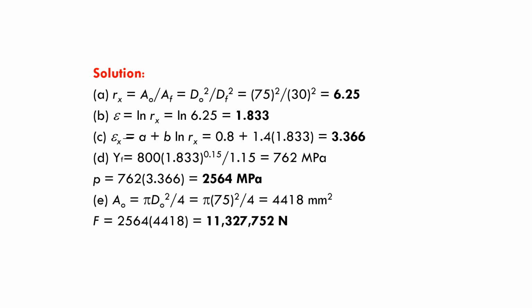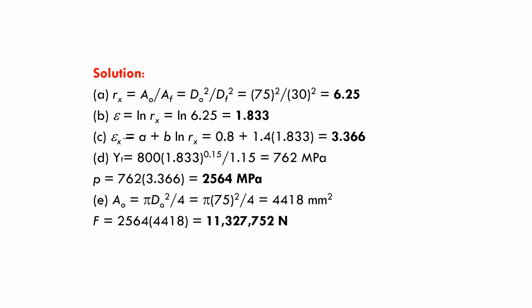So epsilon equal to ln Rx equal to ln 6.25, so you'll get 1.833. The next one is the extrusion strain with friction using the Johnson equation. You can calculate by using a plus b ln Rx. A is given, b is also given, so you can just replace into the equation and you will get the value 3.366.